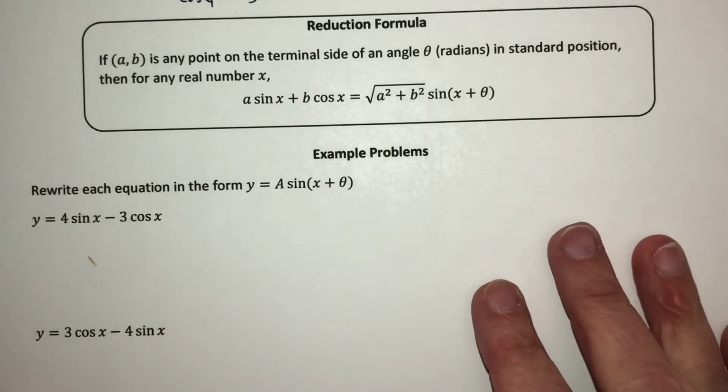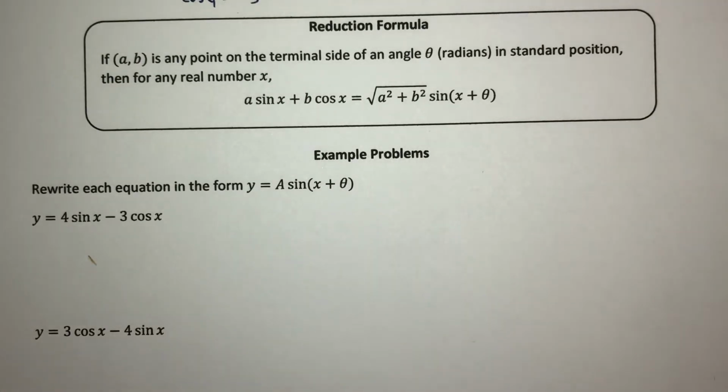Okay, now one more type of problem. If the point A, B is any point on the terminal side of an angle theta in radians that is in standard position, then for any real number x, A sine x plus B cosine x is the same thing as the square root of A squared plus B squared times sine of x plus theta.